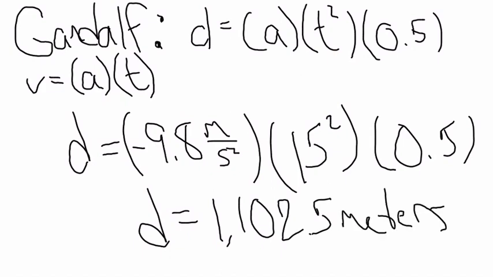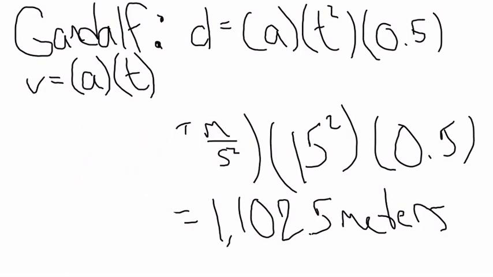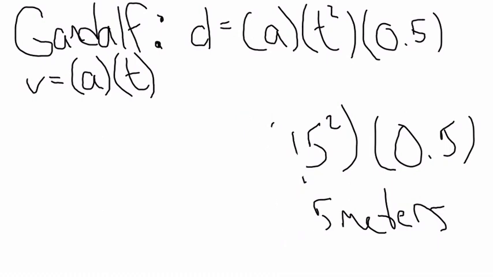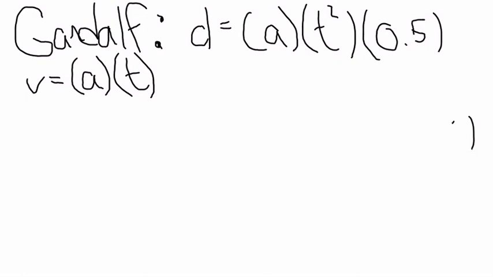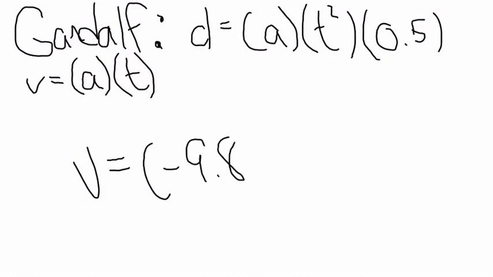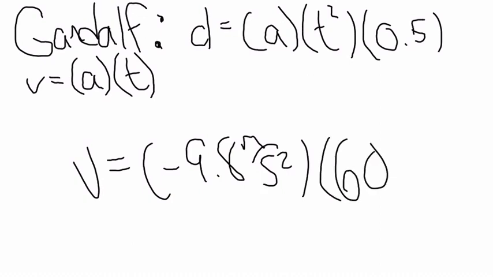So there's that. Now, if I go back and erase this, we can calculate velocity at 60 seconds, which is when he hit the water with the Balrog. And then we can get the velocity to determine if he could have lived through the fall. So, velocity equals acceleration, which is negative 9.8 meters per second squared, times 60 seconds.